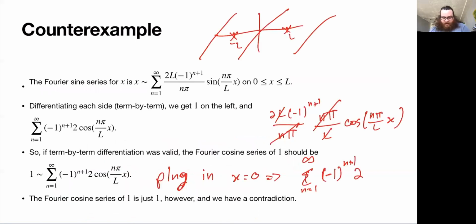And so we already saw that here we can't differentiate term by term because this is not the Fourier series for this. The reason is that the Fourier series of x is not continuous; there are these jump discontinuities.